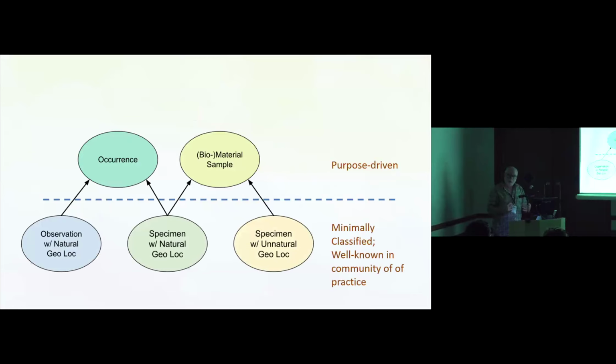And then at the other end, down at the bottom, what we should be doing is looking at minimally classified, well-known communities of practice. How do they communicate with each other, and what are their standard methods and material samples that are most familiar to them? And it's in between there that we'll end up with some reconciliation of this. And with that, I will end, and I've got a couple minutes for questions.